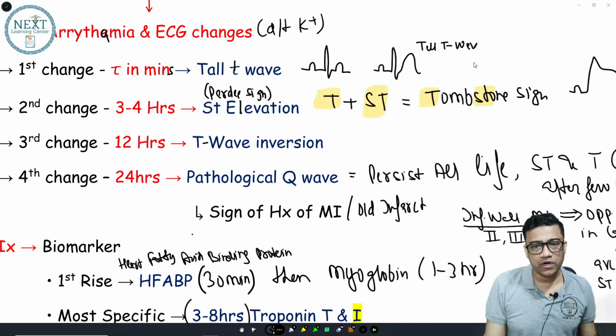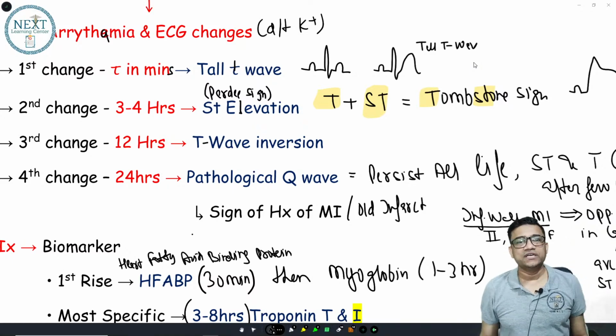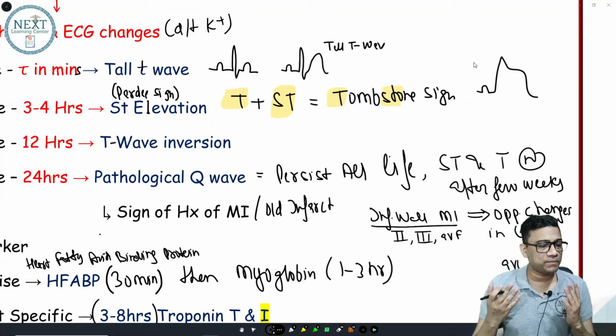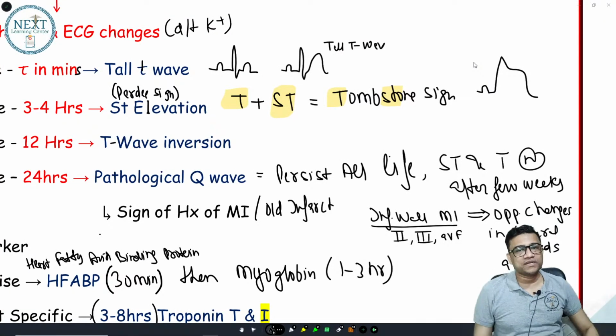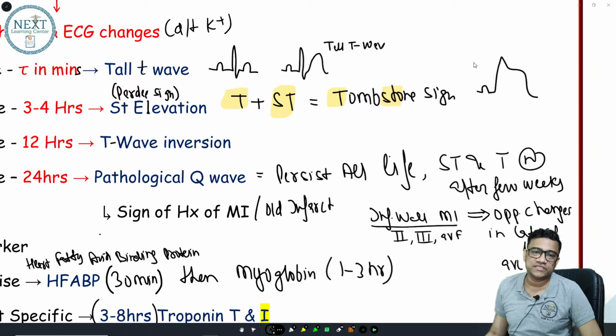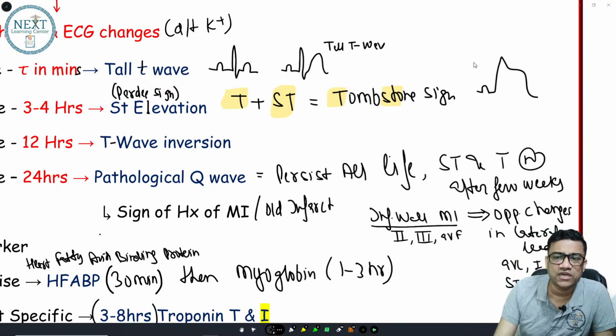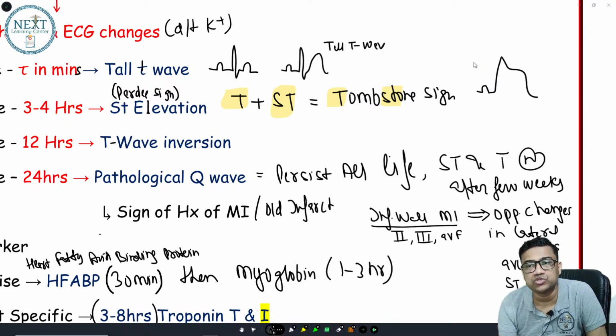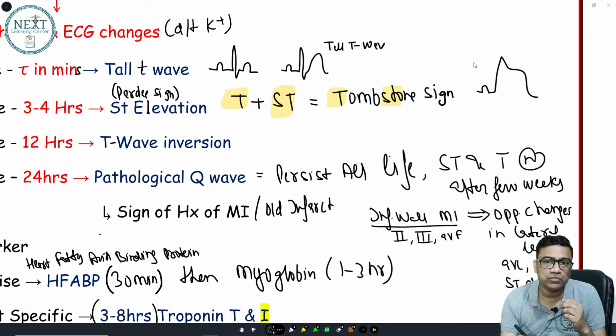It is called as the pardesi sign. The pardesi went up, up, up. So pardesi goes up. And what is the hallmark? T plus ST is tombstone sign. So tombstone is T plus ST.